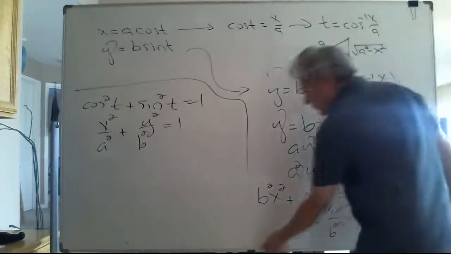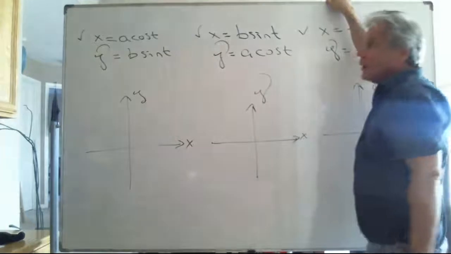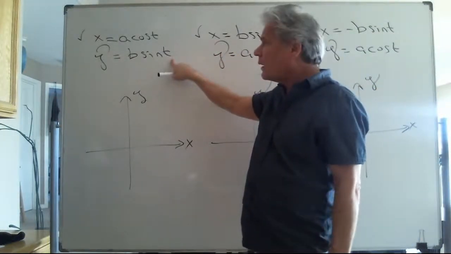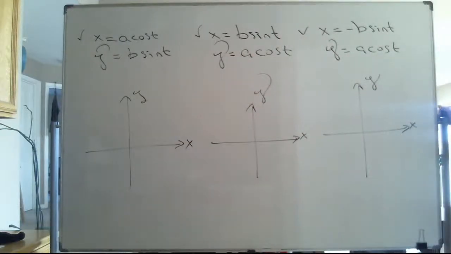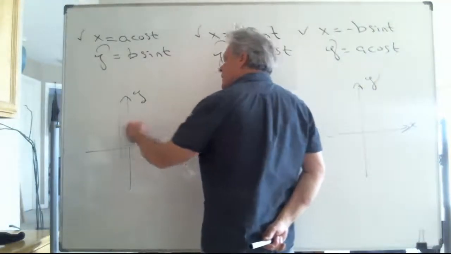So either way you look at it, I want to point out that how you trace the curve out depends on what these two equations have involved with them. And I want you to trace out that ellipse in such a way that t ranges from 0 on up, increasing without bound. So everybody, we know what the graph looks like. It's an ellipse. Two x-intercepts at plus or minus a, comma 0.